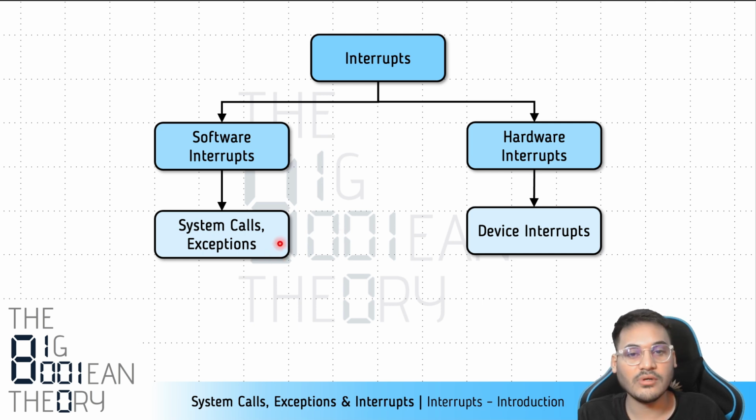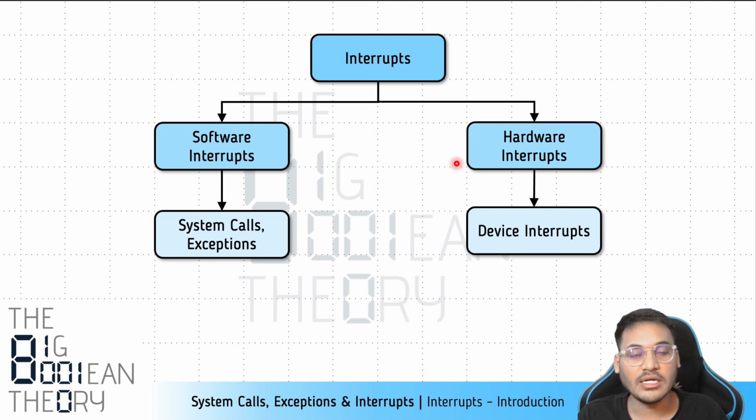Similarly, in the case of exceptions, it is an error or unexpected event in the context of the user process that is being executed. Basically, the user process misbehaves, and that is why the CPU brings the operating system into the picture to deal with that error or unexpected event. In both cases, system calls and exceptions, the source of interruption is a piece of software.